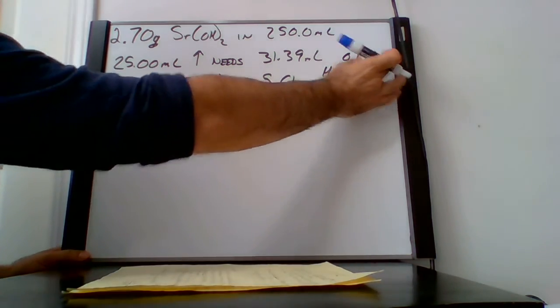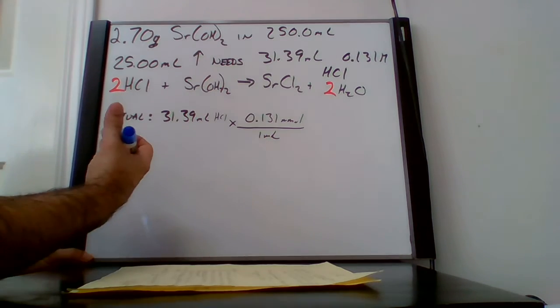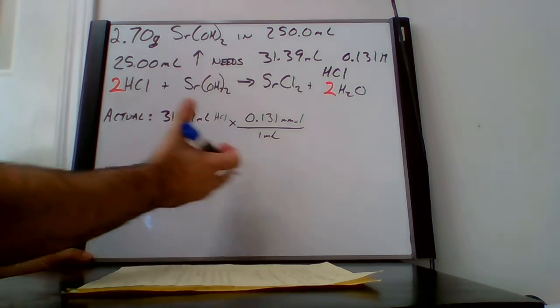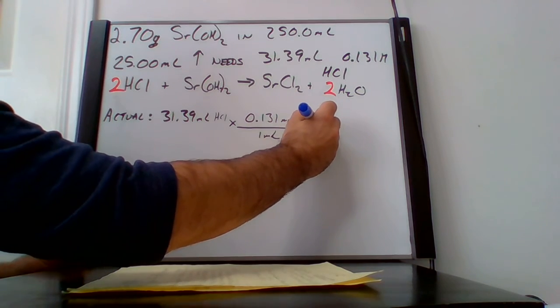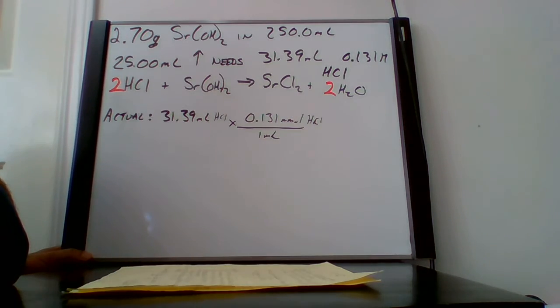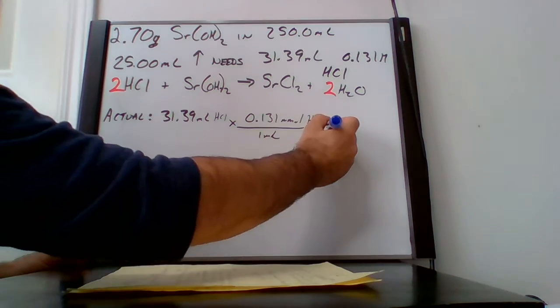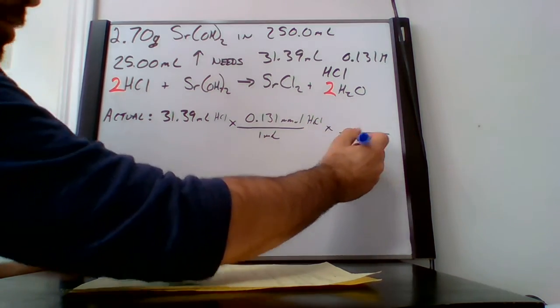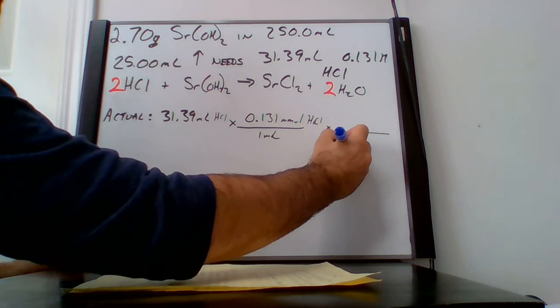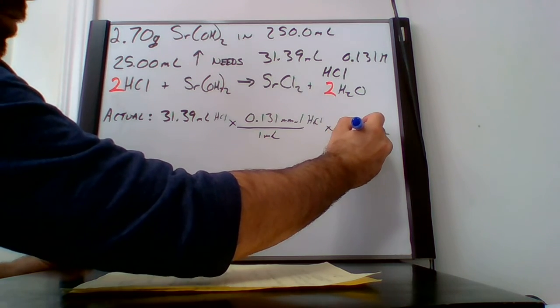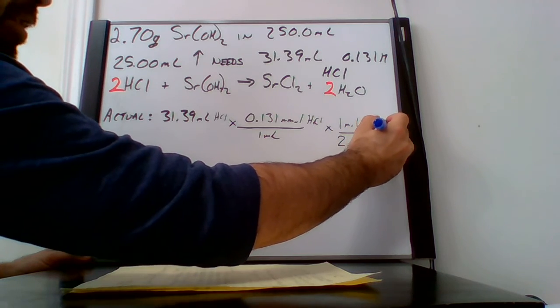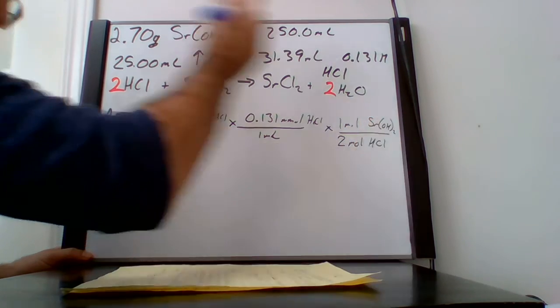I just take that concentration, that 0.131 moles per liter, or millimoles per milliliter. And again, this is still HCl. Then I'm going to multiply that by, we've got 2 moles of HCl for every 1 mole of Sr(OH)2.